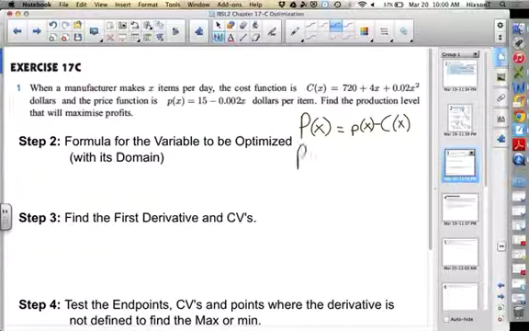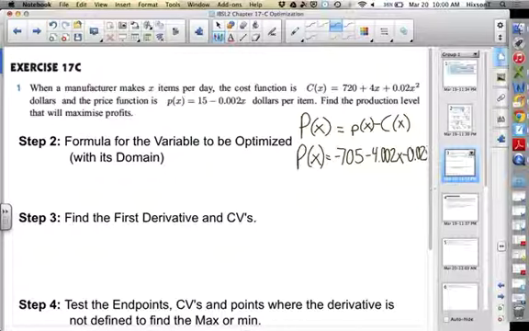So P of X is going to equal, we have 15 minus 720, that's a negative 705. We have a negative 0.002 minus 4, so that's a minus 4.002 x, and then minus a 0.02 x squared.